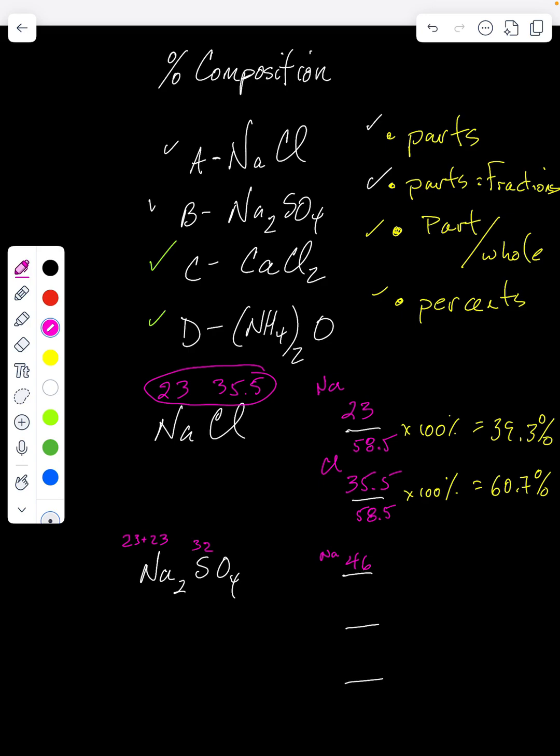Sulfur is 32, and oxygen is 64 because you have 4 of them. The whole is going to be 96 and 46, so this is 142.